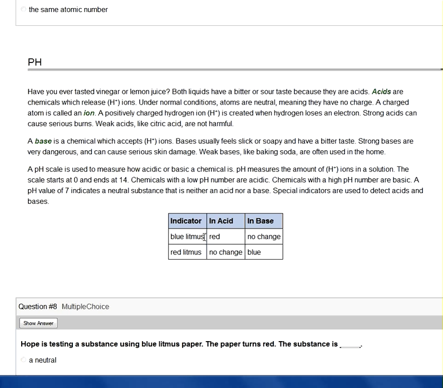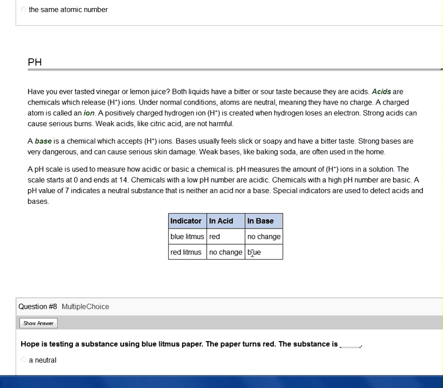If we have red litmus paper and you put it in acid, it's going to stay red, okay, because red is the acid. Blue litmus paper, if I put it into the base, no change because it's already blue. But if I put the red litmus paper into a base, because remember, red is what represents acid, and in an acid it does stay red, that red litmus paper will turn blue.